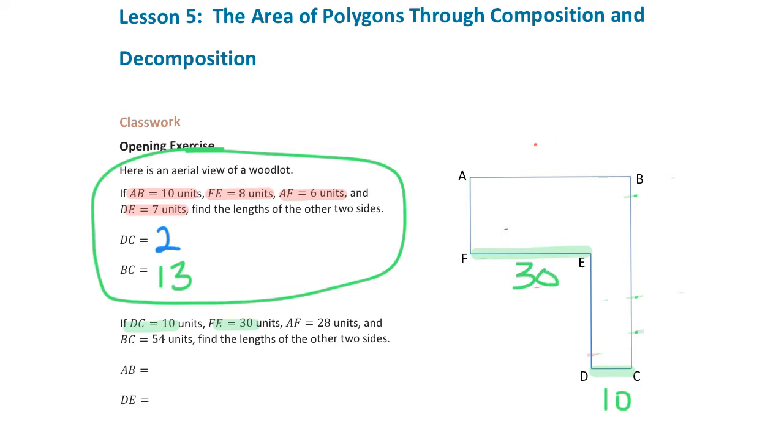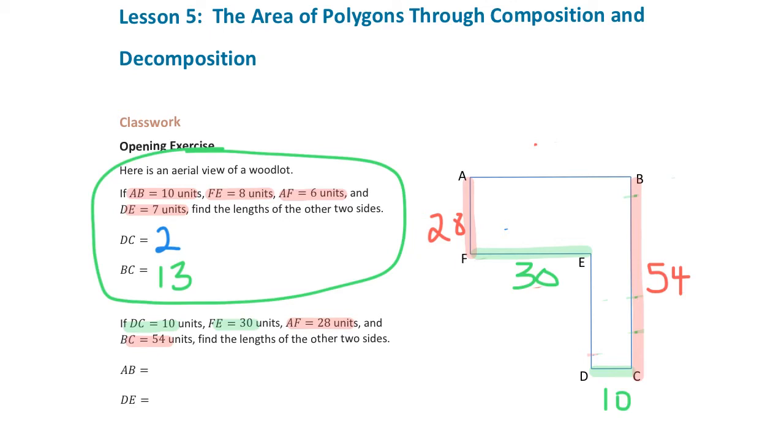Then it tells me that AF is 28 units. And then it tells me that BC is 54. Okay, now you'll notice that when I did that, I did the horizontal stuff one color and the vertical stuff a different color. Sometimes that's helpful when I'm trying to figure out the missing measurements.